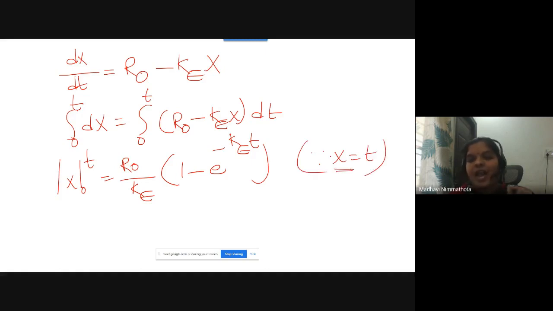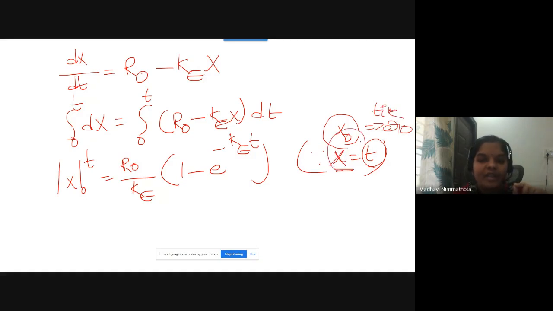X is the amount of the drug available at time t, while X naught is the initial amount of the drug available at time 0. That's why, instead of X, here I am writing t.